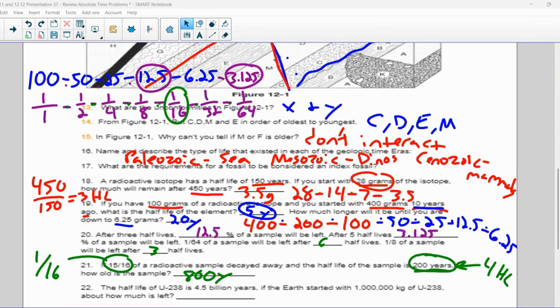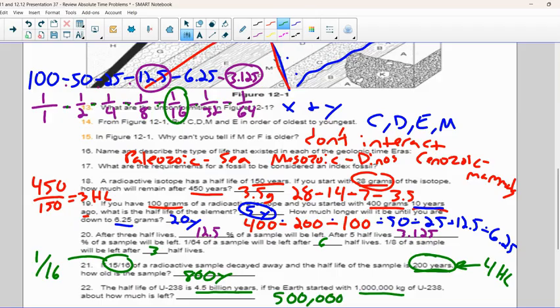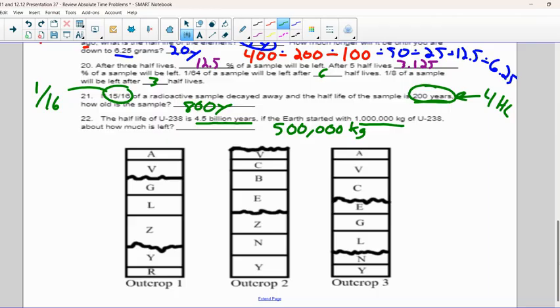So basically, it's been through 1 half-life because the Earth is approximately 4.5 billion years old. So I just need to take half of that number, which will be 500,000. So you have to know the age of the Earth for that one, which is about 4.5 billion years, which we should have seen in the How the Earth Was Made videos.